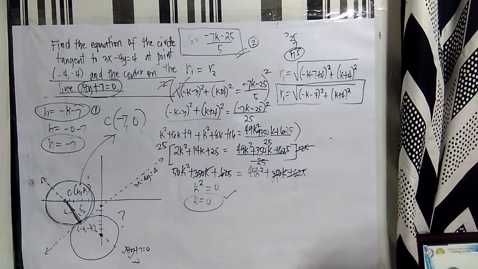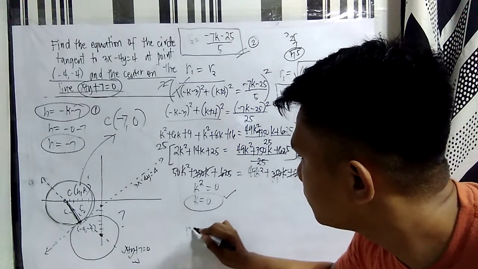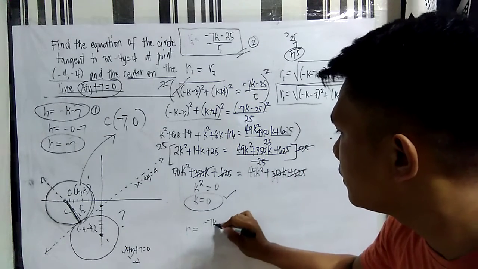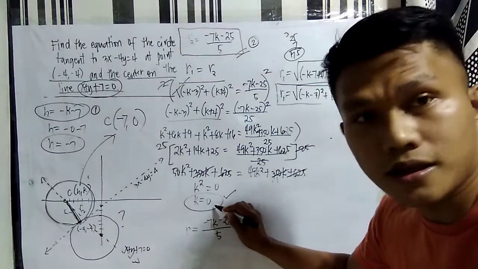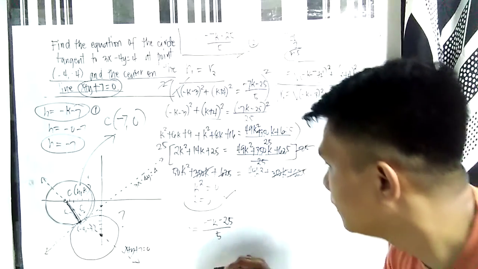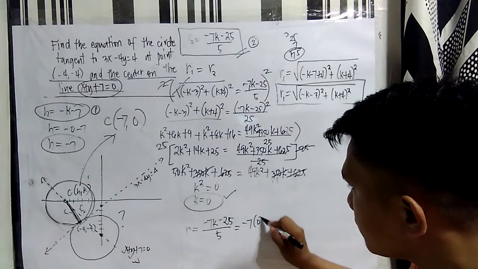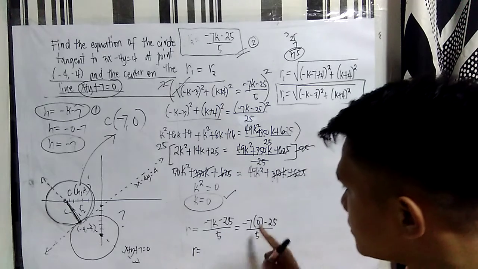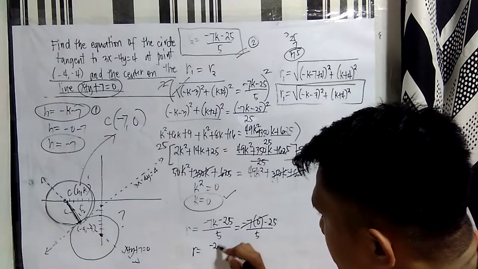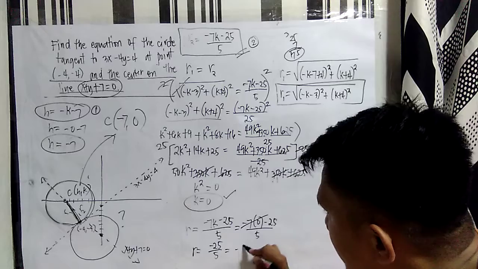Ang ating second equation, ang ating r sub 2 is negative 7k minus 25 over 5. If k is equal to 0, that is negative 7 times 0 minus 25 over 5. So our r is equal to negative 25 over 5, which is negative 5.